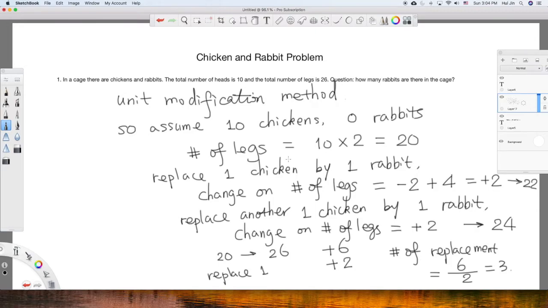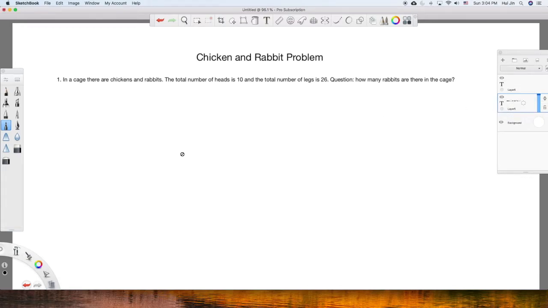And here we can do the same thing by starting from the other direction. Instead of assuming every animal is a chicken, we can assume that every animal is a rabbit. Let's assume all 10 are rabbits.